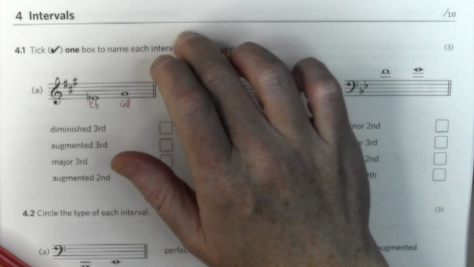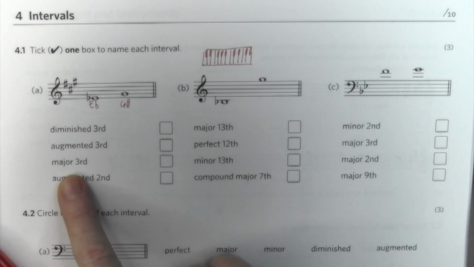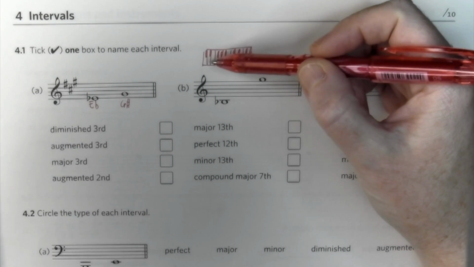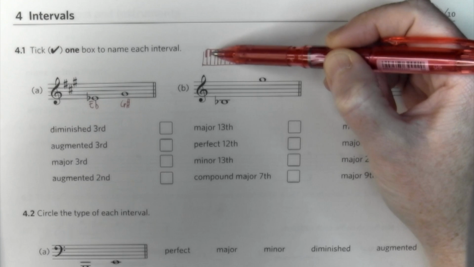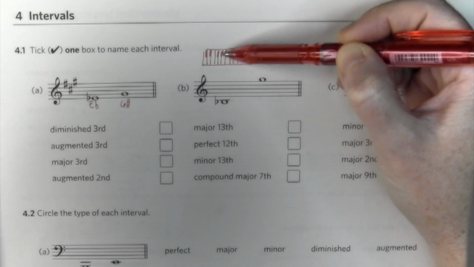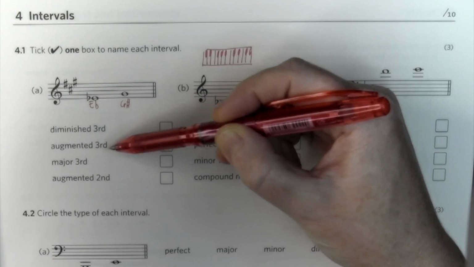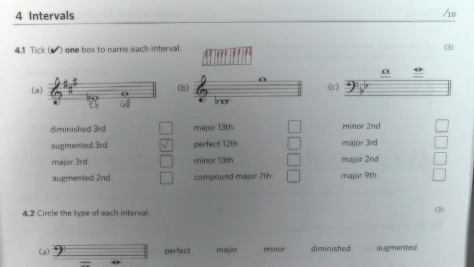Mi, fa, sol. It is a third. We can exclude a second here. Now, is it major, augmented, or diminished? A third is two tones. A major third is two tones. So, from E flat, 1 and 2. We have an extra semitone here. So, major plus 1 semitone equals augmented. And this is the answer. Augmented third.